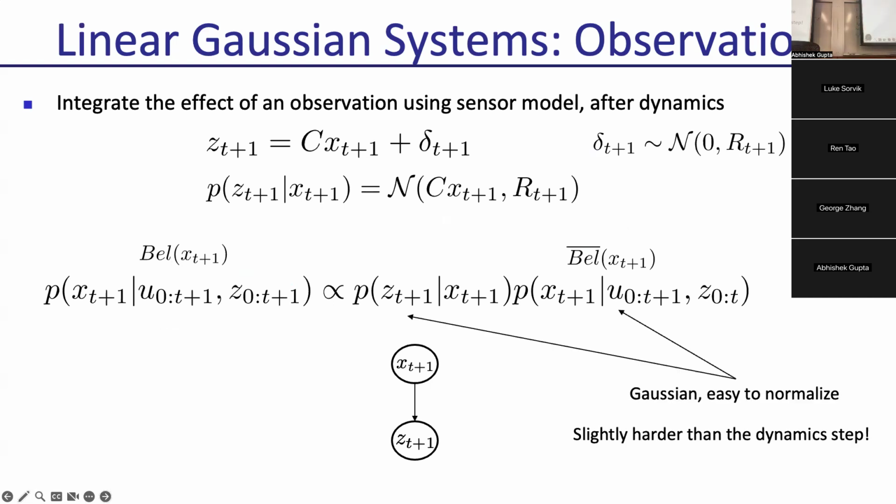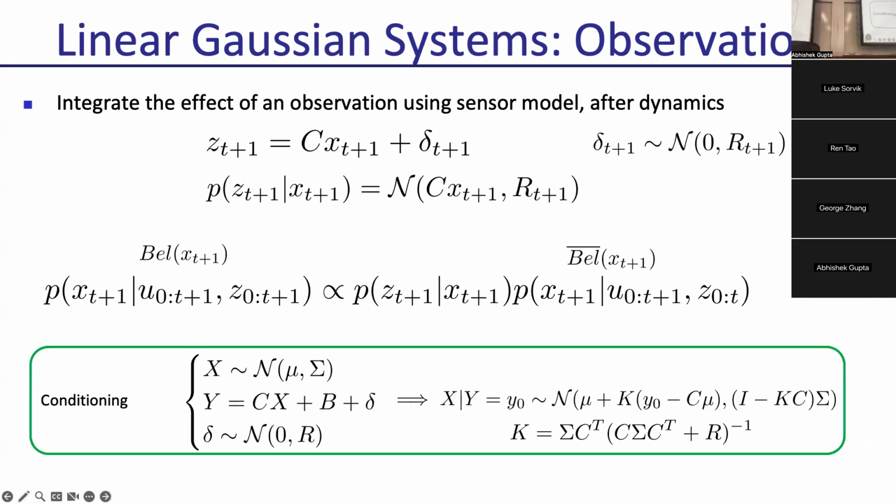The reason it's going to be tractable is because Gaussians are easy to normalize. And so we're going to use our identity from before, and I'll define what K is a little more clearly now.